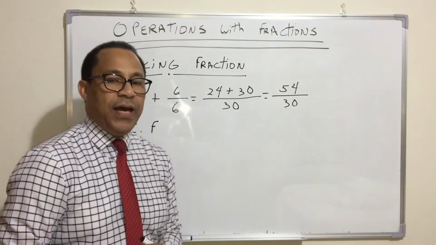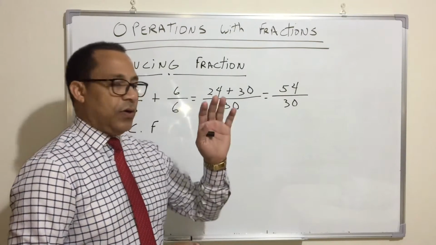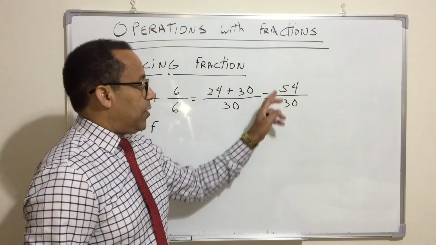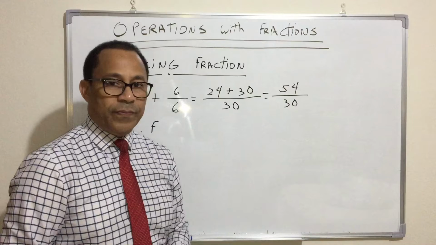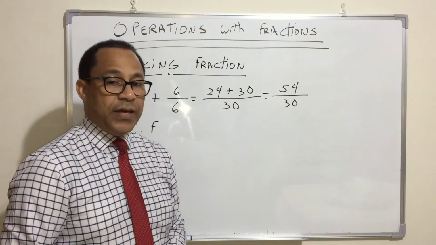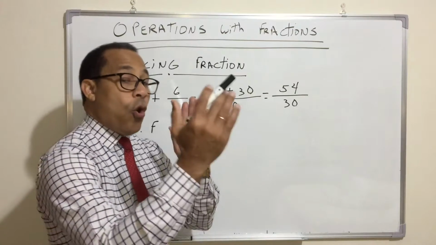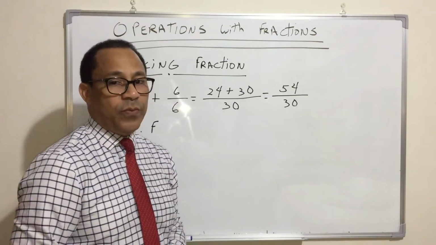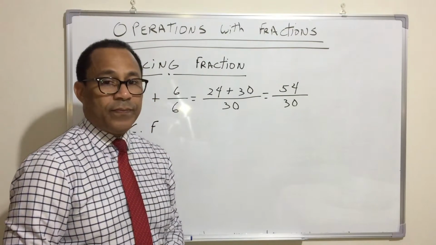It means that I need to find the greatest common factor for the numerator and the greatest common factor for the denominator. And when I say find the greatest common factor, it means that you need to find all the factors of the numerator and also all the factors of the denominator.